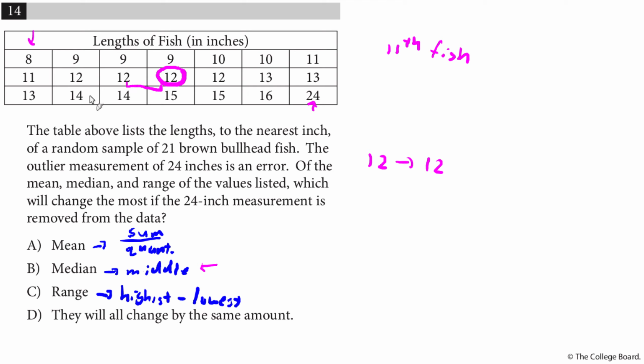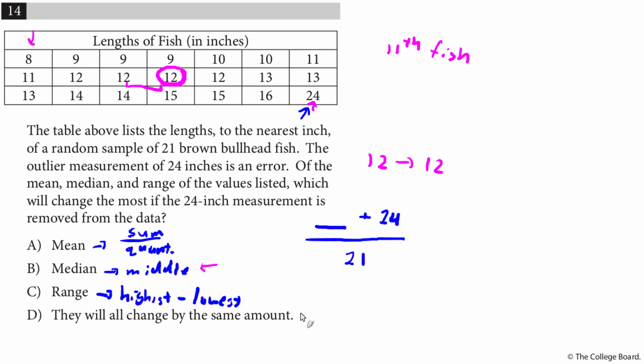Now, if I look at this mean, the 24 is bigger than everything else. But keep in mind that I'm going to have something, so I'll call this blank plus 24, all divided by the 21 measurements in here.